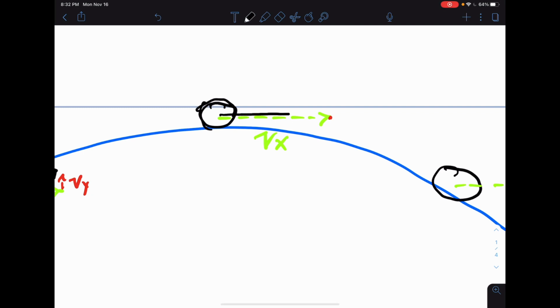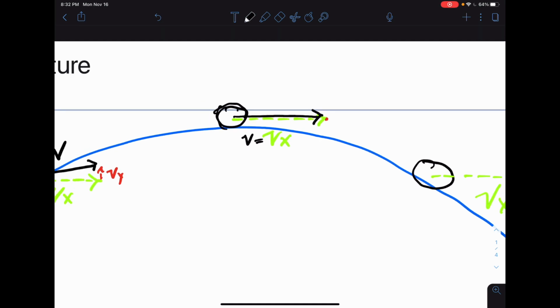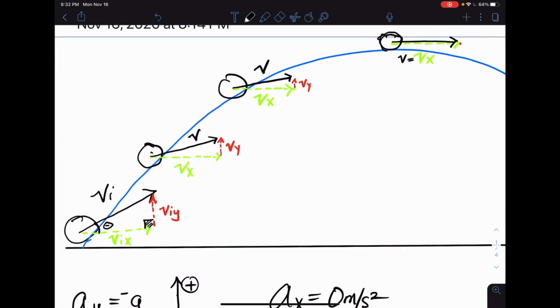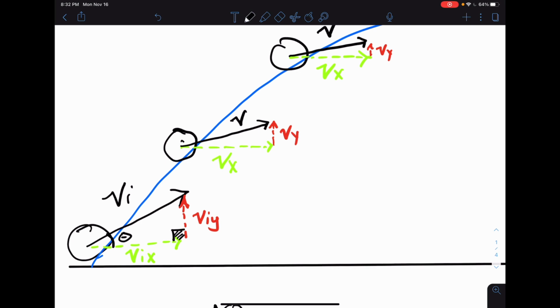So therefore, if V equals just Vx, then the slowest the ball will be traveling at any point is at the top. Because think about that: V, the velocity of the ball, is equal to the vector sum of Vx plus Vy. And the largest is going to be at the very start. Notice that, because the red vector, the ViY, is the largest it's going to be.